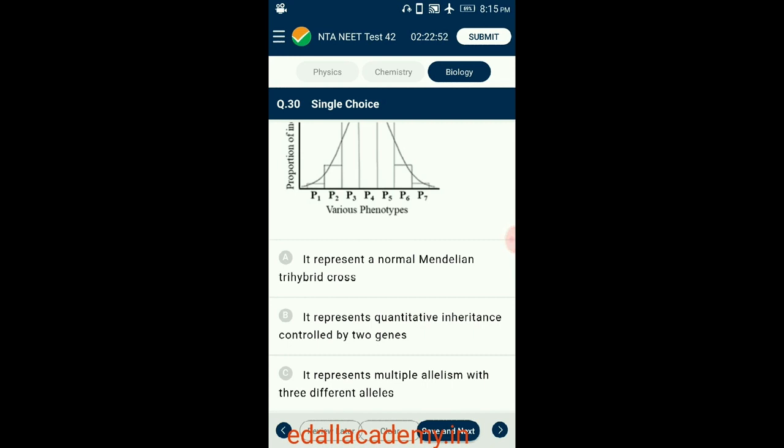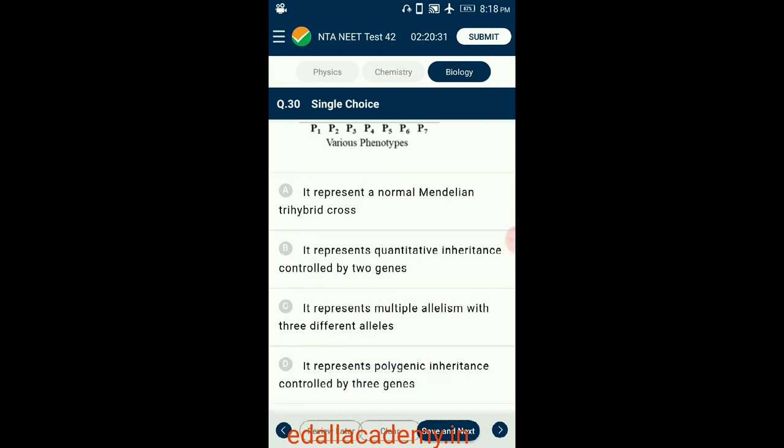When two mulattoes with genotype capital A small a, capital B small b, capital C small c, mate, they produce various shades of skin color in the ratio of 1 is to 6 is to 15 is to 20 is to 15 is to 6 is to 1. So the answer for this question is option D. It represents polygenic inheritance controlled by 3 genes.